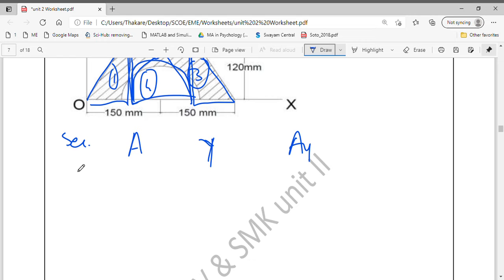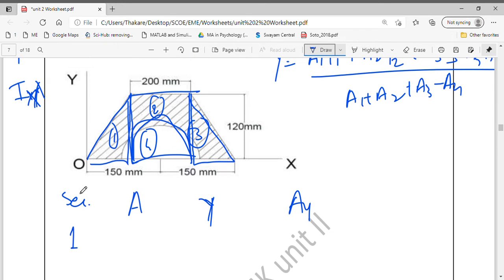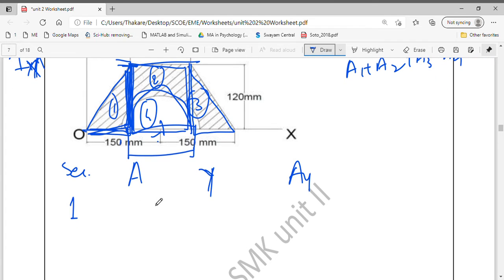Your first section is a right angle triangle whose height is 120 and base will be 50. This will be the base because this rectangle is 200, so of the 150 this 100 is gone and you are left with 50. The area of a right angle triangle is half into base into height.